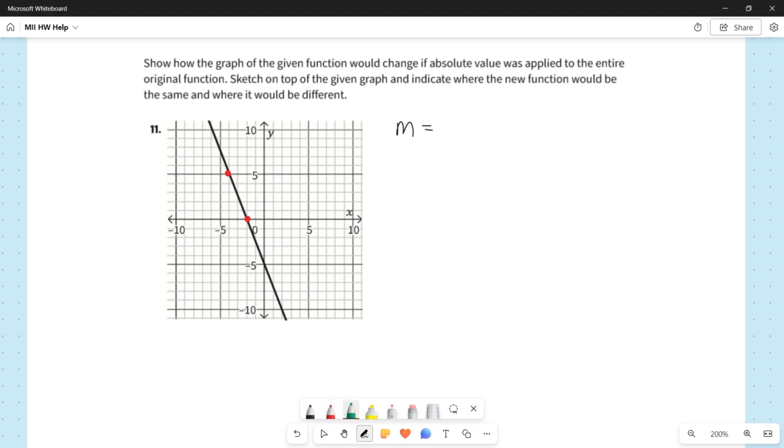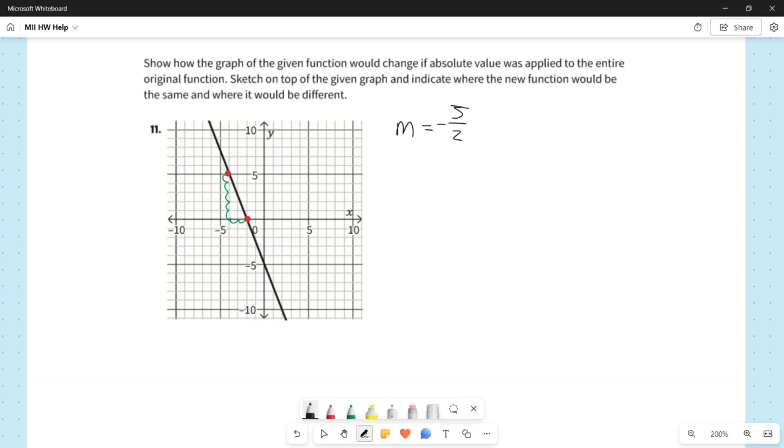And so notice that my rise is 1, 2, 3, 4, 5. It's going down, but that's irrelevant for absolute value purposes. So my rise is 5 and my run is 2. So my slope here is 5 halves. And the slope of the original function is negative 5 halves.